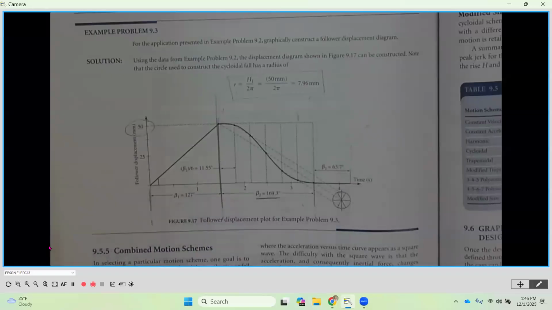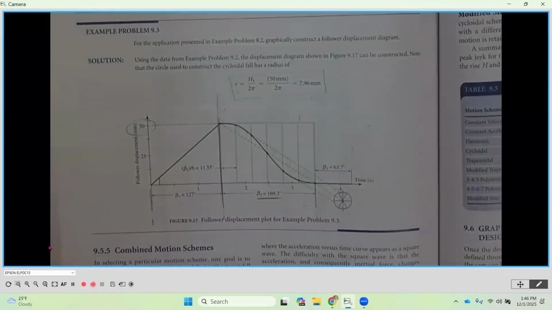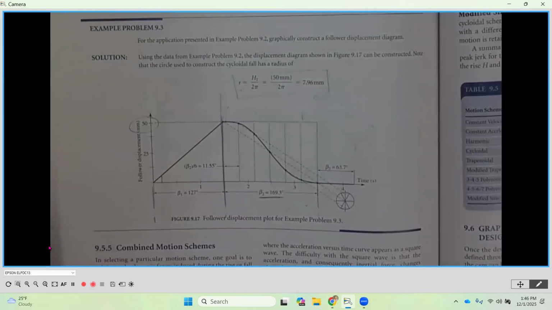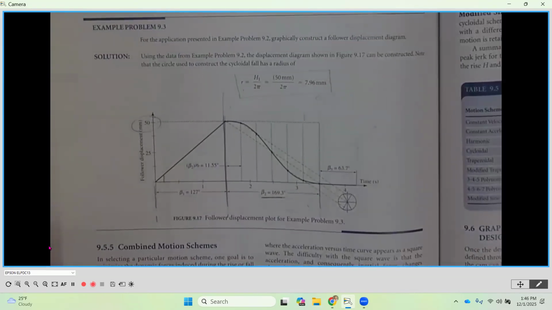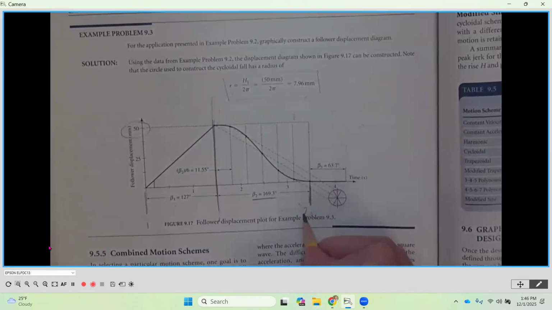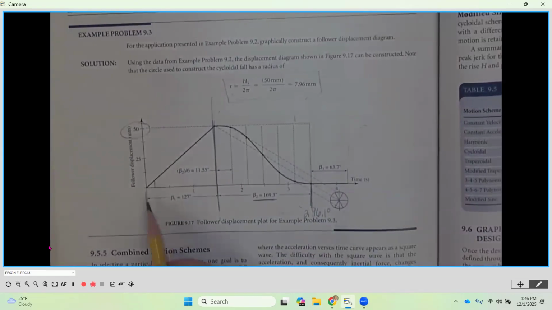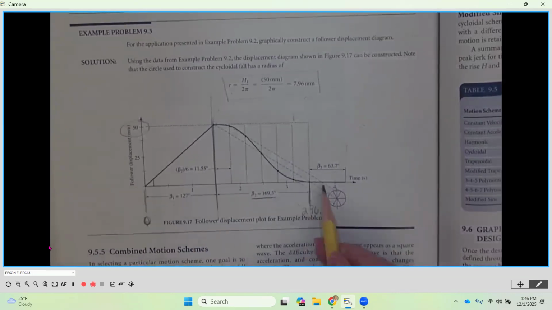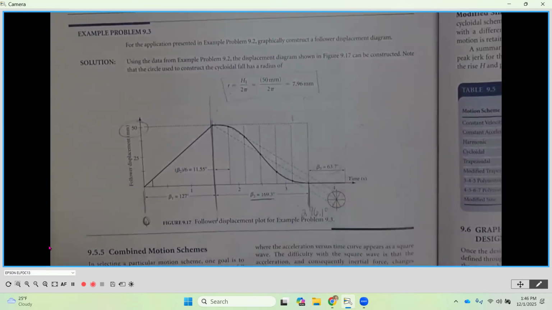If we add 126.9 plus 169.2, that means that at the end here we are at 296.1 degrees, right? From zero, all the way to here, adding those two together. Make sense? Okay.